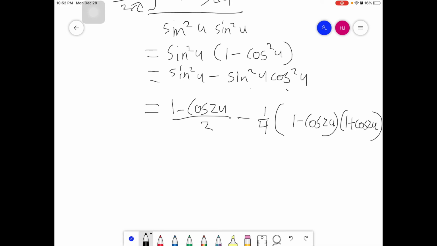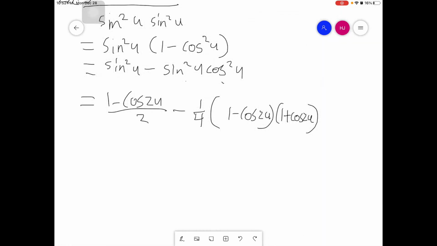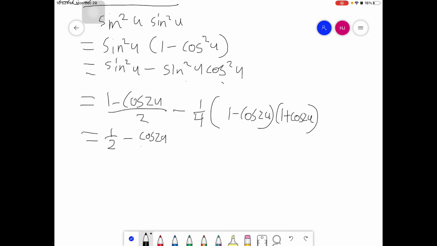And then further simplify the second part. Actually, I'm going to split the first part into 1/2 minus cosine 2u over 2, so it's easier to integrate later.